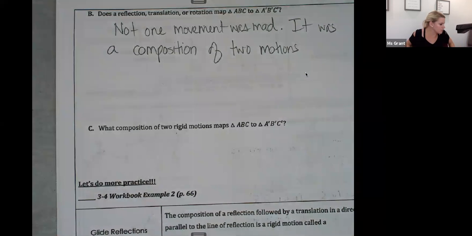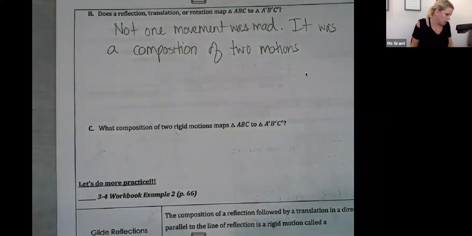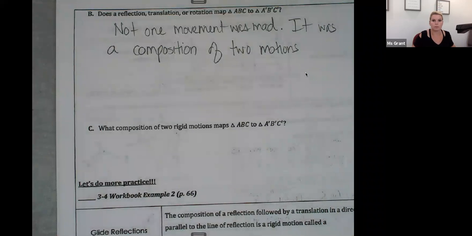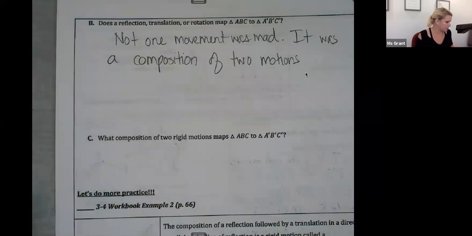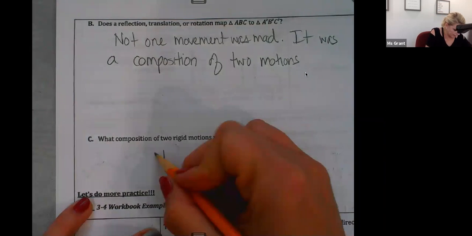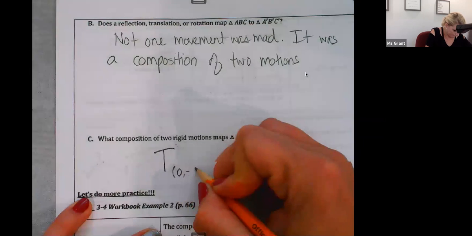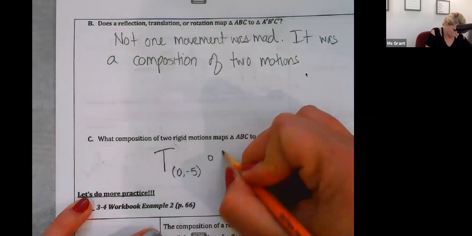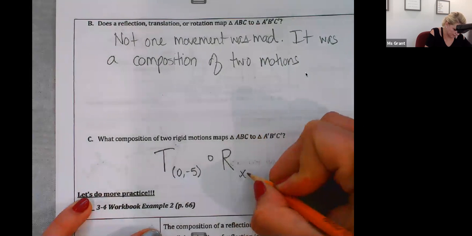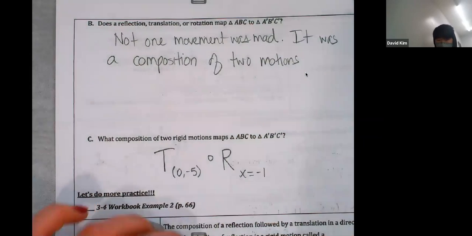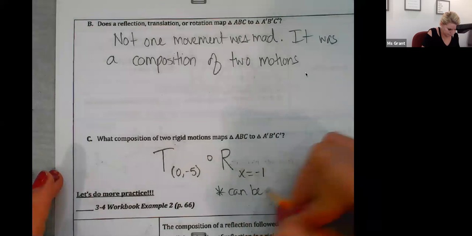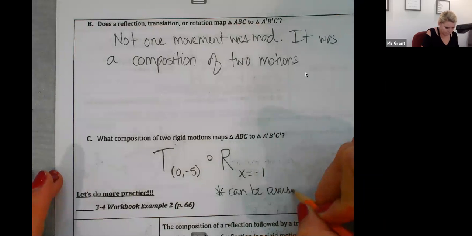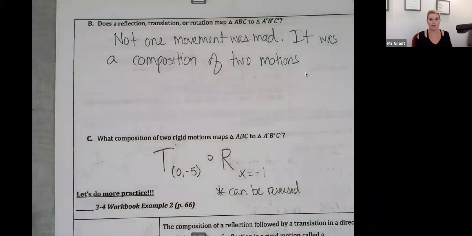What composition of 2 rigid motions maps A, B, C to A prime, B prime, C prime? Oh, that's what we're talking about. It was this. We did translate, reflect over x equals -1. Remember, it can be reversed. For this example, I could have reversed it.